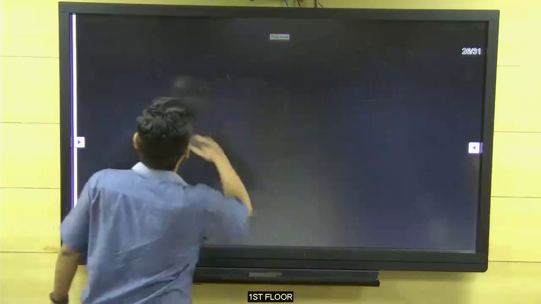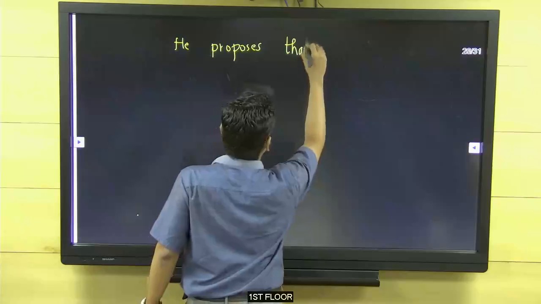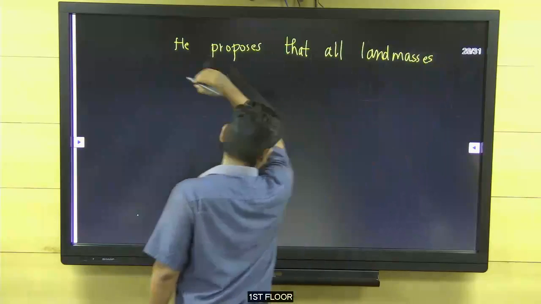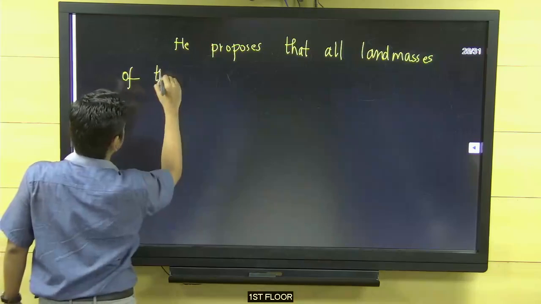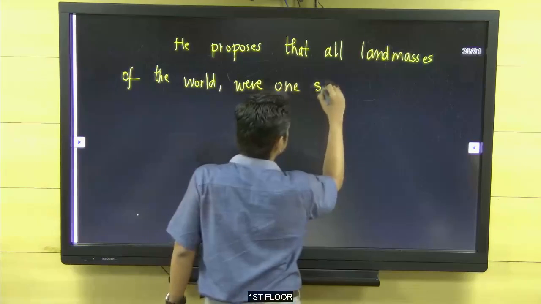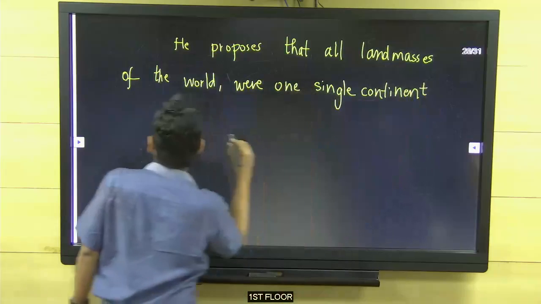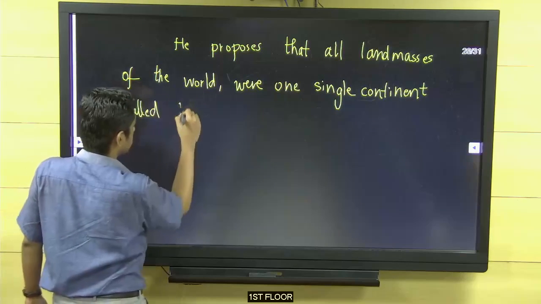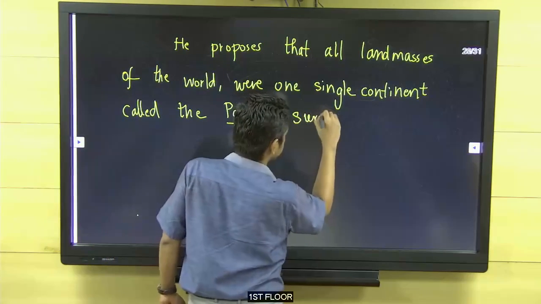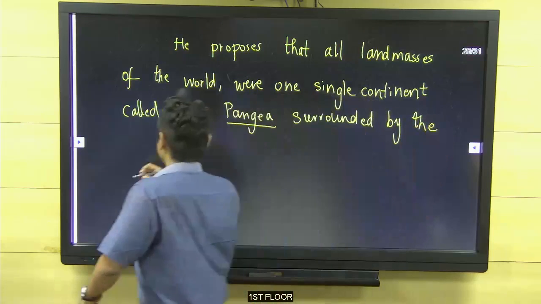He proposes that all landmasses of the world were one single continent called Pangaea, surrounded by the ocean, Panthalassa.